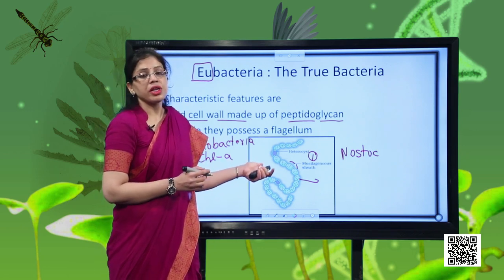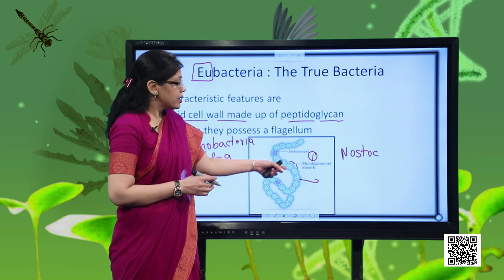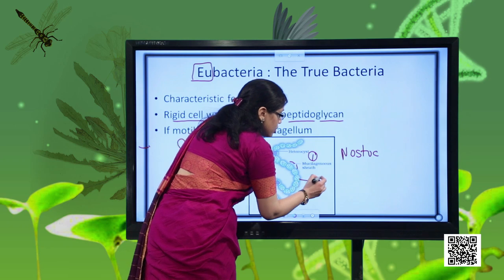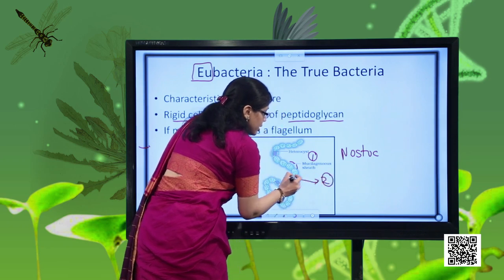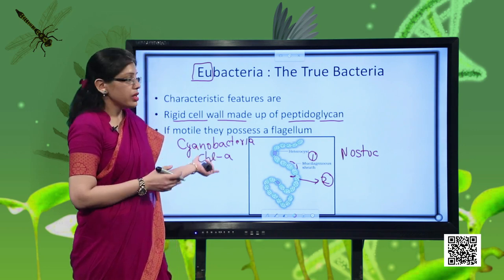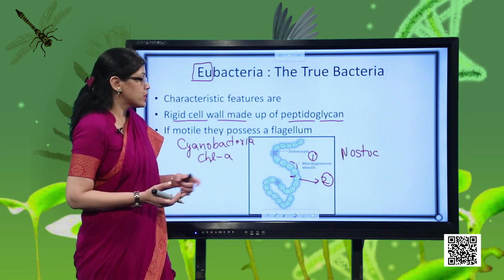And this sheath is very important because it keeps all the cells of the colony together, and it also provides protection. Then these cells are the normal cells, and you can see that they contain pigments inside them, and that pigment is chlorophyll A, and with the help of that pigment they are able to prepare food by the process of photosynthesis.